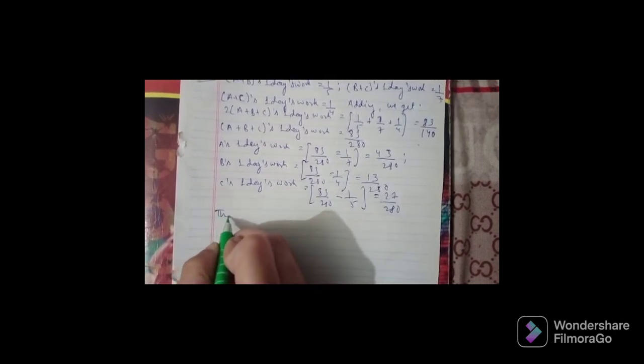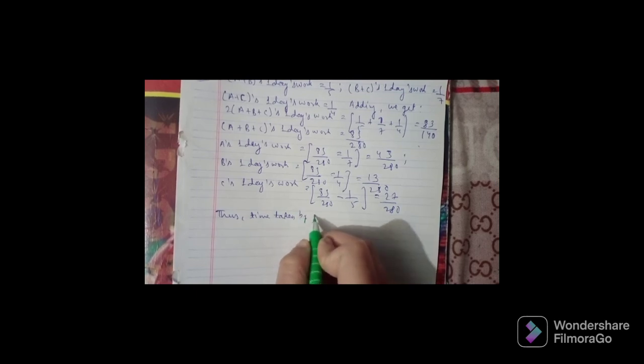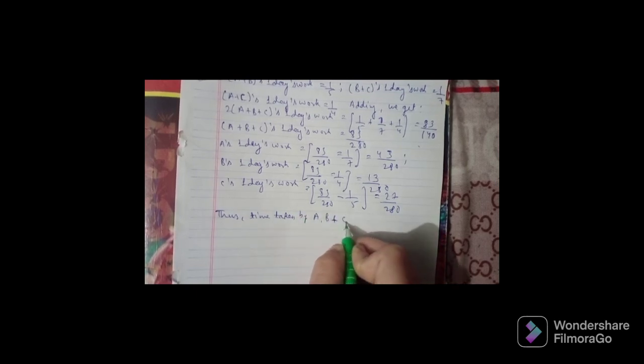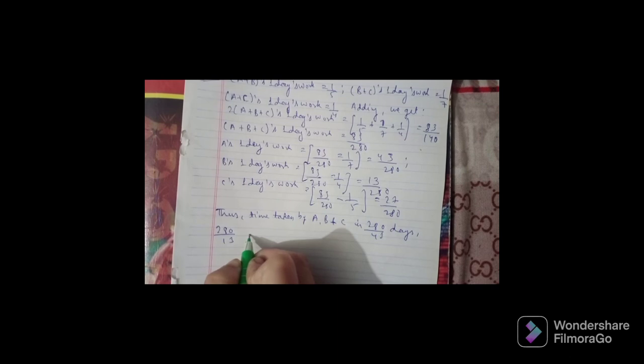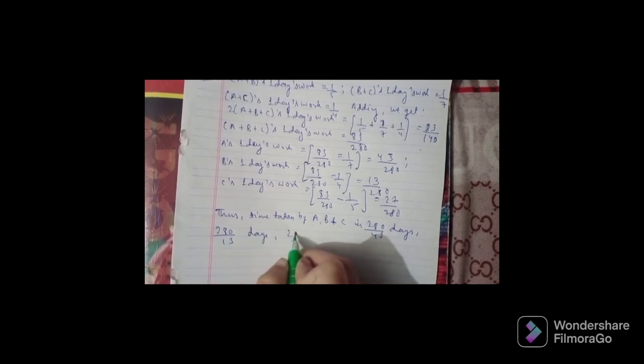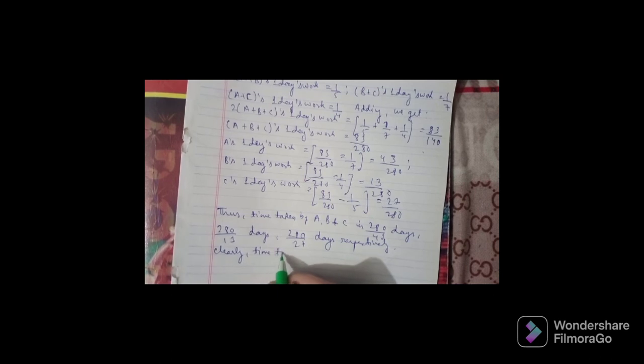Thus, time taken by A, B and C is 280 upon 43 days, 280 upon 13 days and 280 upon 27 days respectively. Clearly the time taken by A is least.